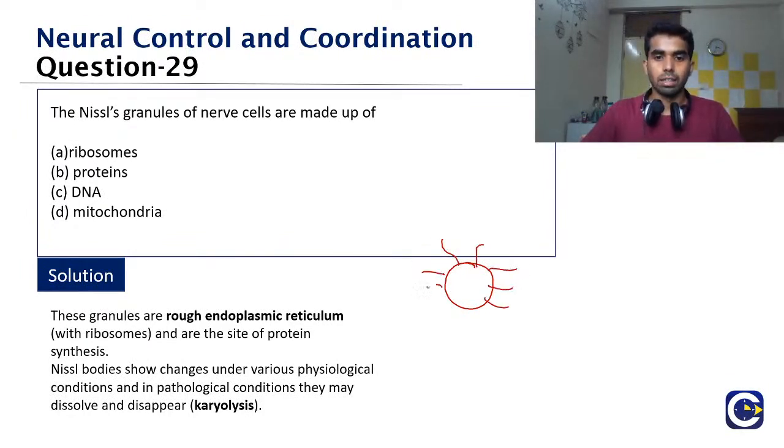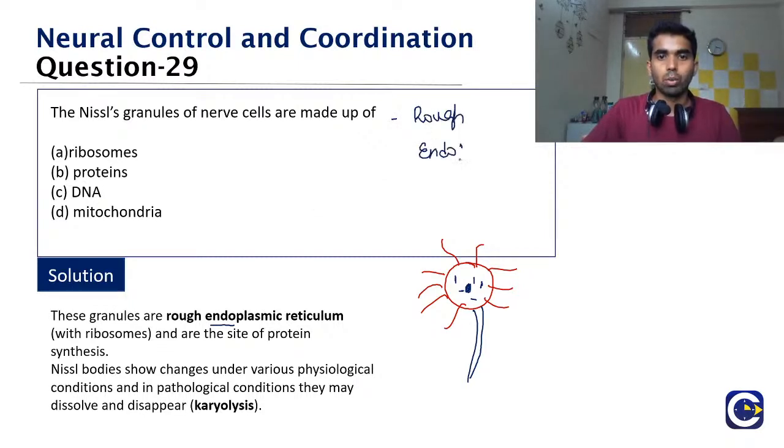The granules that are seen are known as the Nissl's granules. So what exactly is this Nissl's granule? The Nissl's granule is the rough endoplasmic reticulum. So the correct answer for this question would be the rough endoplasmic reticulum.